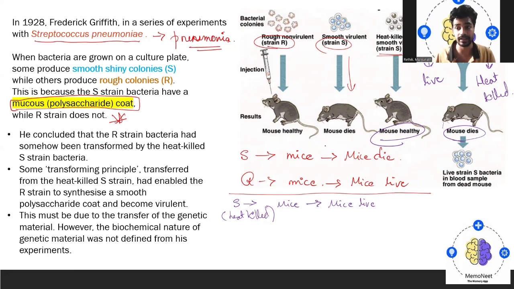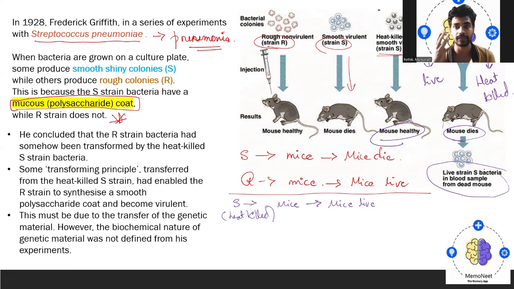But in the next experiment, when he mixed the heat killed S strain bacteria with the rough R strain, which is live in condition, what happened? The mouse died. He took the blood sample also and he found S strain in the blood sample from the dead mouse.